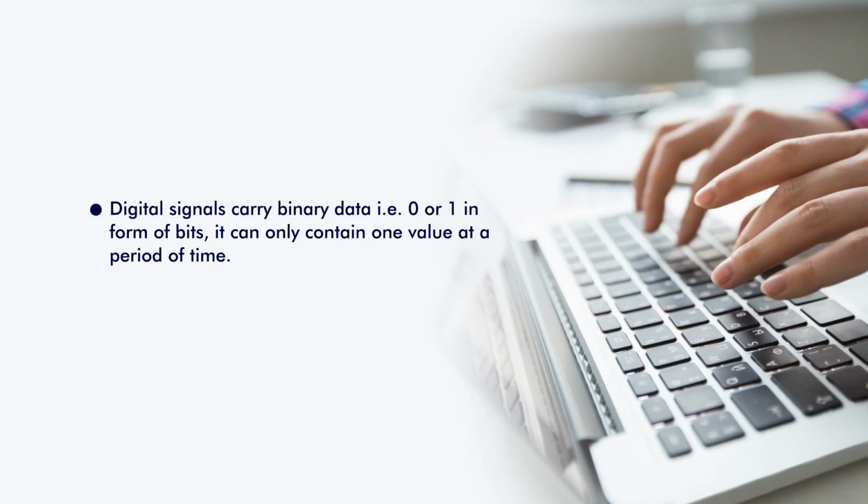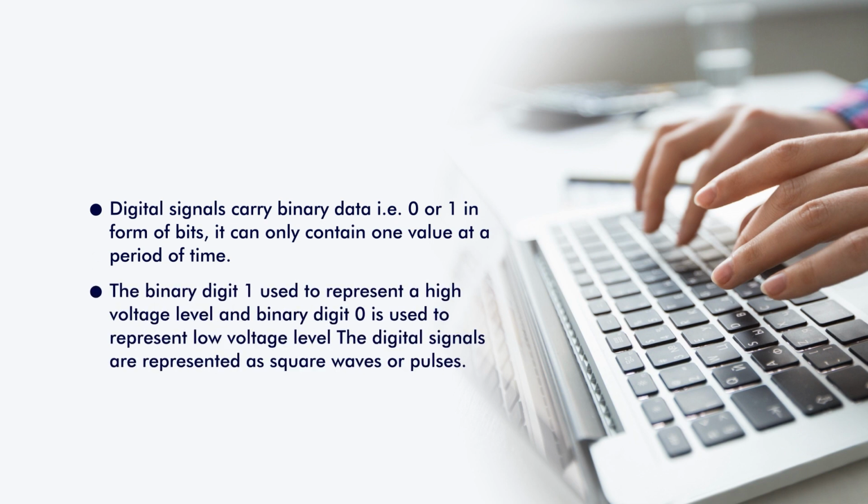Digital signals carry binary data, that is 0 or 1 in the form of binary bits. It can only contain one value at a period of time. The binary digit 1 is used to represent a high voltage level, in our case the 5 volt, and binary digit 0 is to represent the low voltage level, in our case the 0 volt. The digital signals are represented as square waves or pulses.